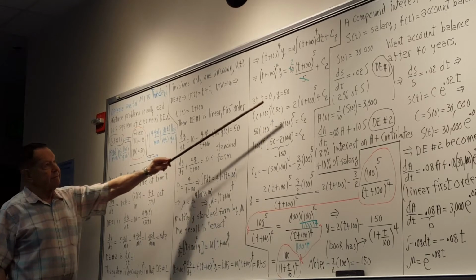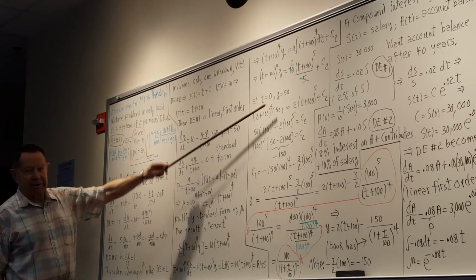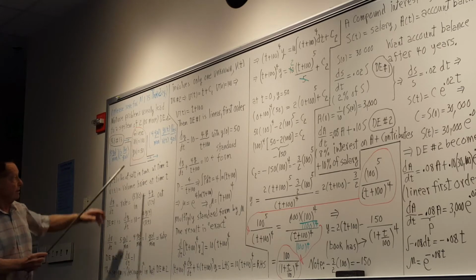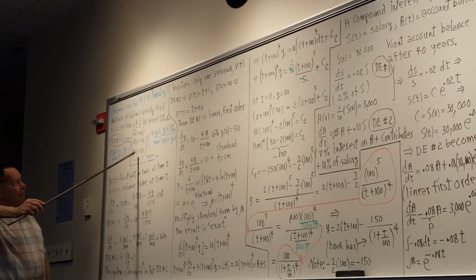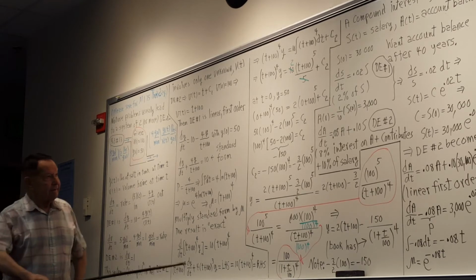And then you have to get this constant, which you can do because you have the initial value that y is 50 pounds at t equals 0.